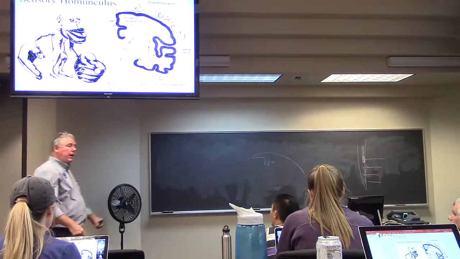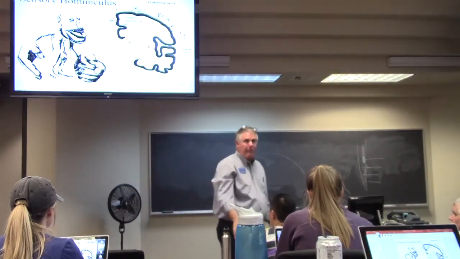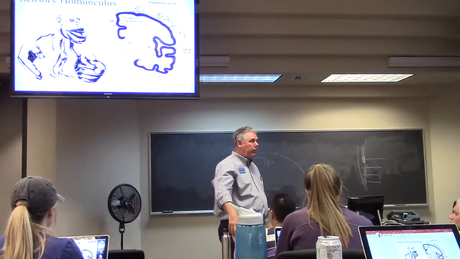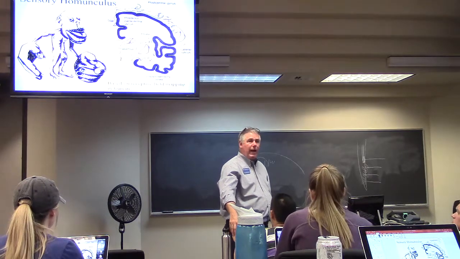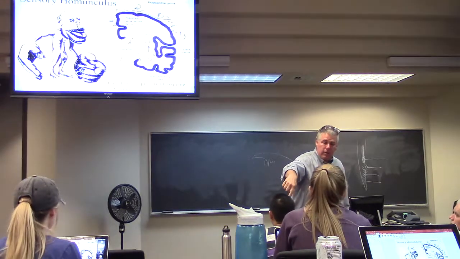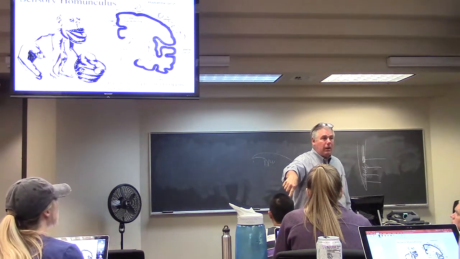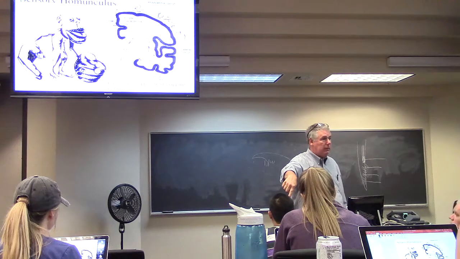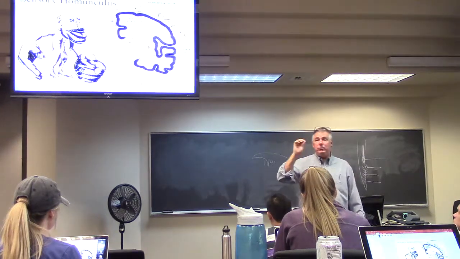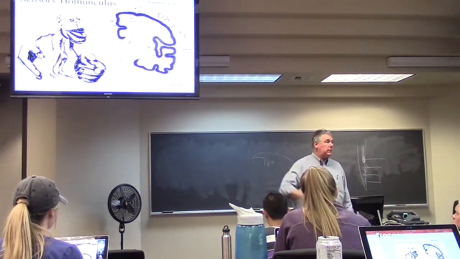So if I touch Andrew's hand right here, his left hand, I can tell you that I just activated the neurons right here in the postcentral gyrus on his opposite side. And it doesn't matter if it's touch or pain, it all goes to the same place.